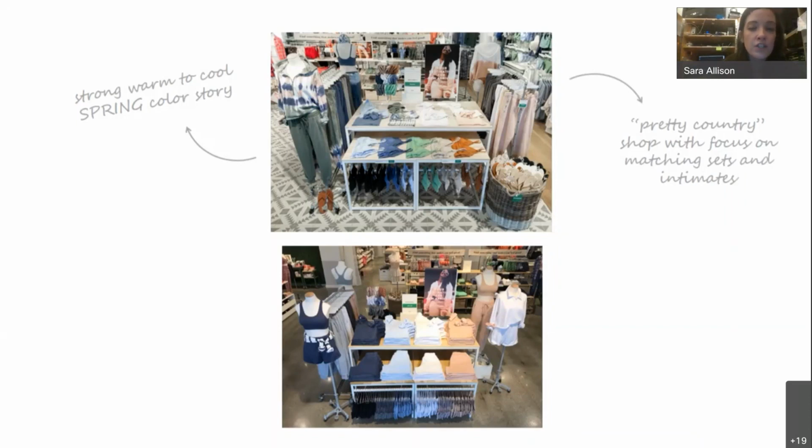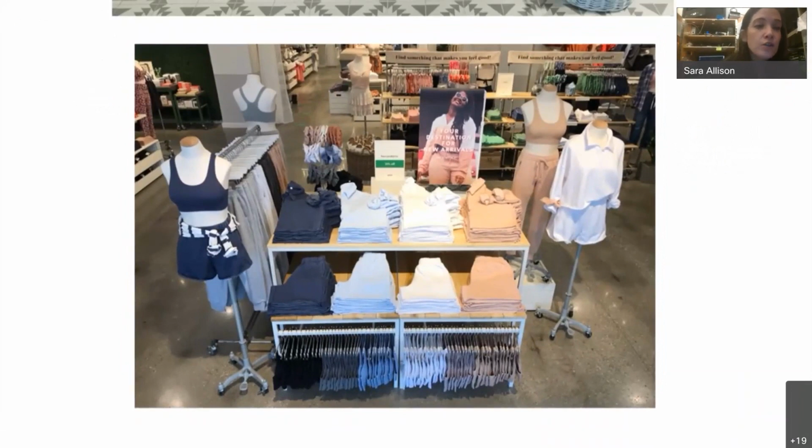So what the store decided to do was, okay, I know I need this fleece idea, this matching set idea, and I need to have some intimates here. So what they were able to do was pull a different fleece collection to the center lead that was a similar color story. It was just shorts instead of pants, but I did have some pants that I was able to add to a wardrobe up here.